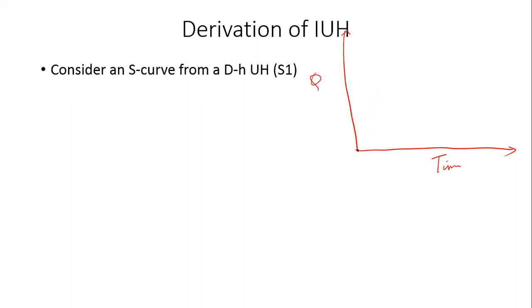So let's say the S curve looks something like this, right? So this is the S curve corresponding to some d-hour unit hydrograph, right? So let's say this is S1, okay, and naturally this is, yeah, extend a little bit more. So this is due to rainfall intensity.